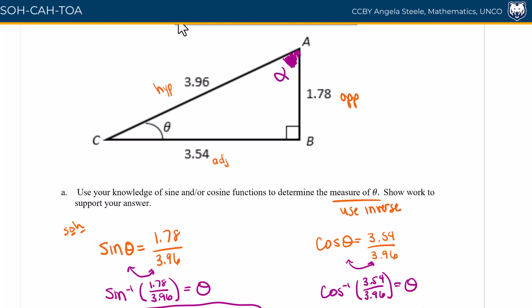So according to this alpha, the 3.54 is opposite of that angle. And then the 1.78 is actually the adjacent because it is next to the angle. The hypotenuse will always stay the hypotenuse because the definition of a hypotenuse is that it is opposite of that right angle.